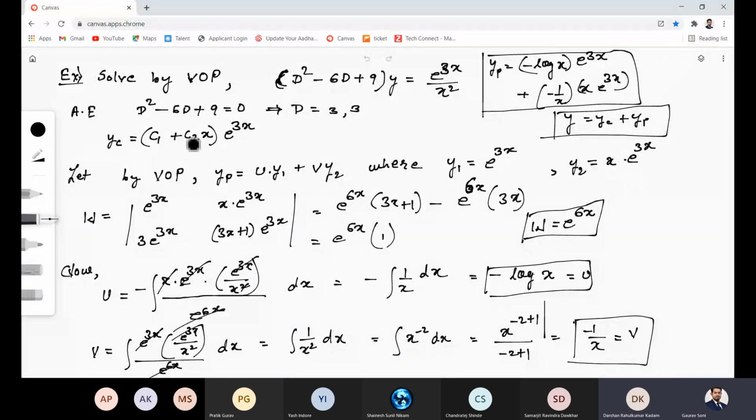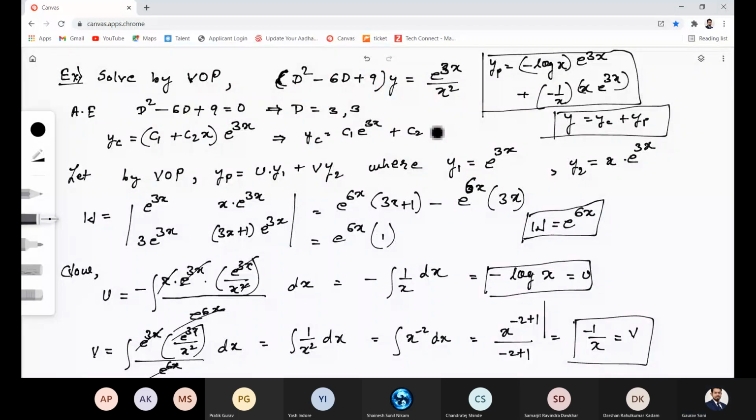Sir, how did the y2 equation x into e raised to 3x come? You have opened the bracket here. You have got yc, and whatever is with the first constant, that is your y1, and whatever is with the second constant, that is your y2.